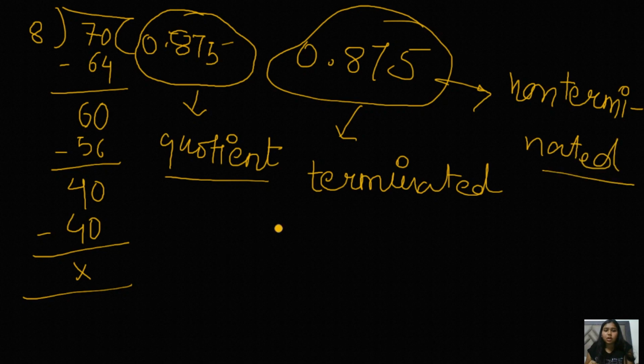Another example we can have is to divide 1 by 7. You can divide it this way.